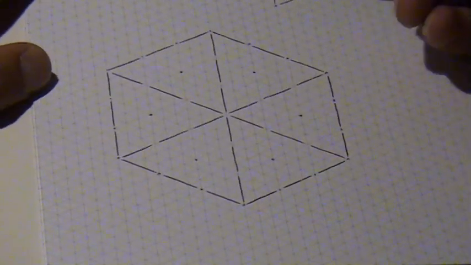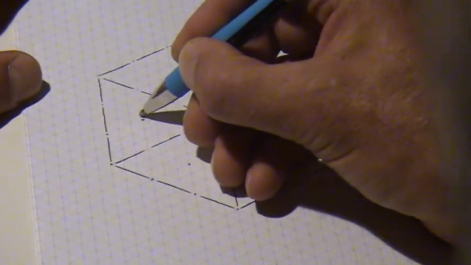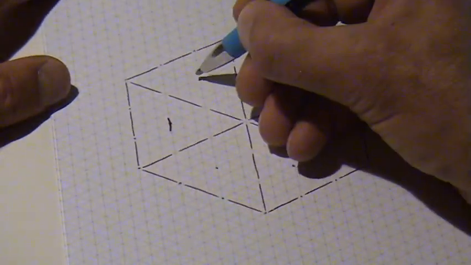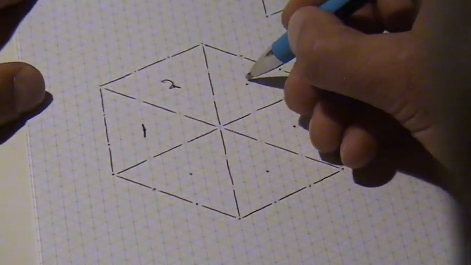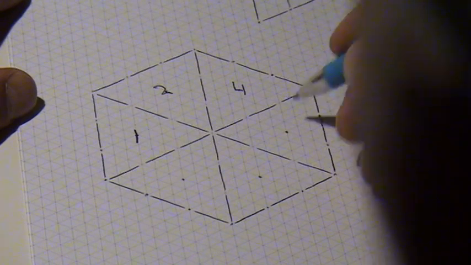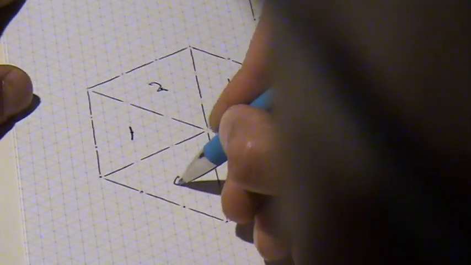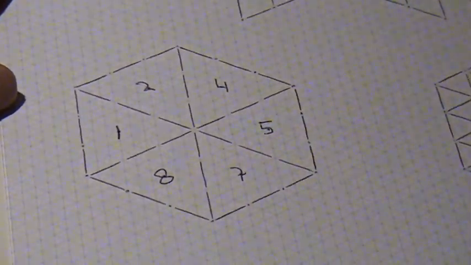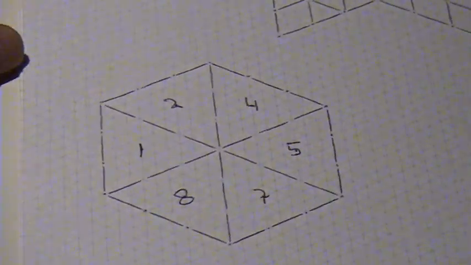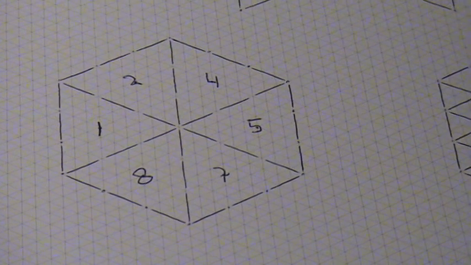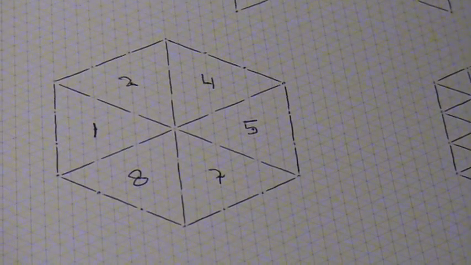As I showed in previous videos, we start with the 1, then we have the 2, followed by the 4, then the 5, the 7, and the 8 to make it complete. So this is how the numbers are positioned.